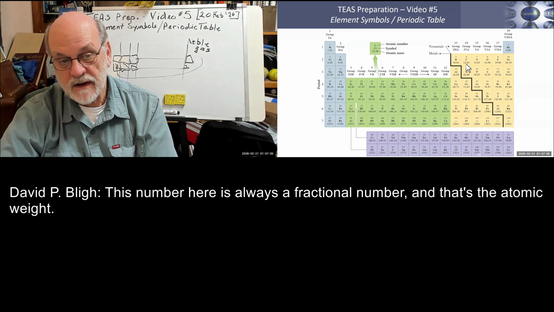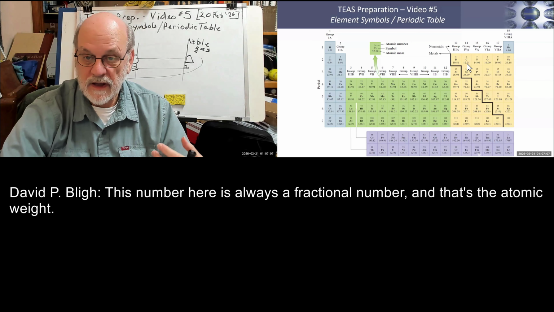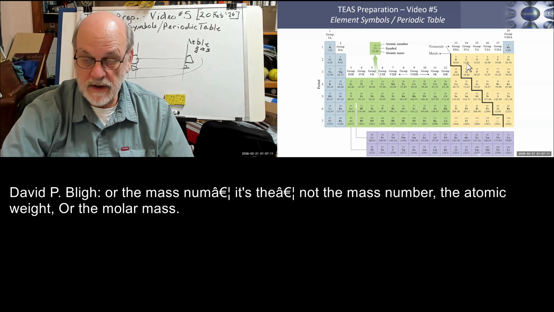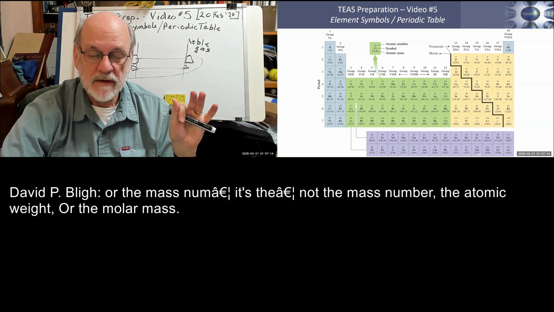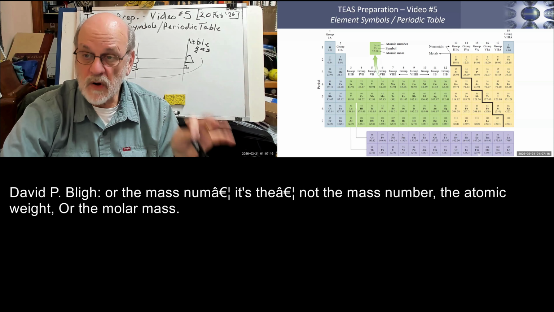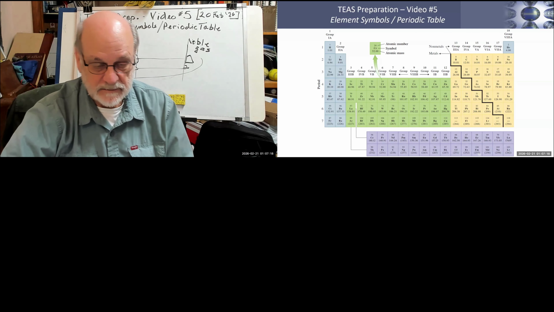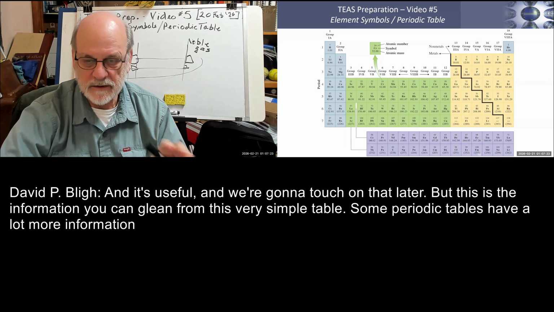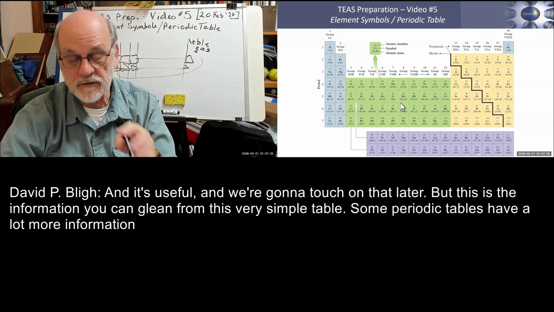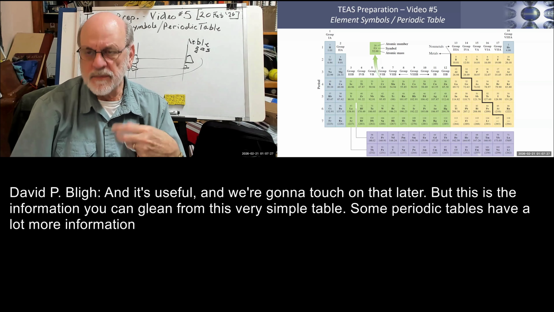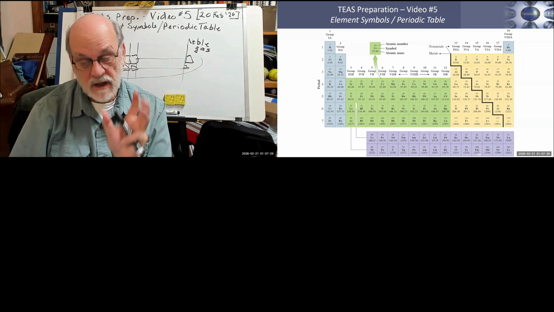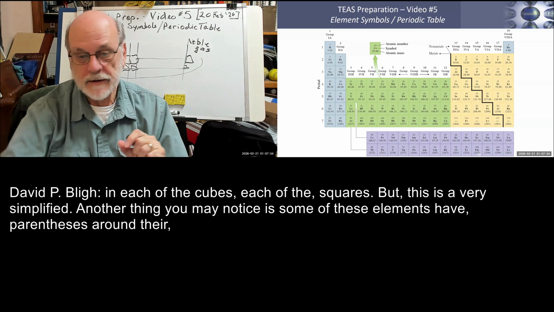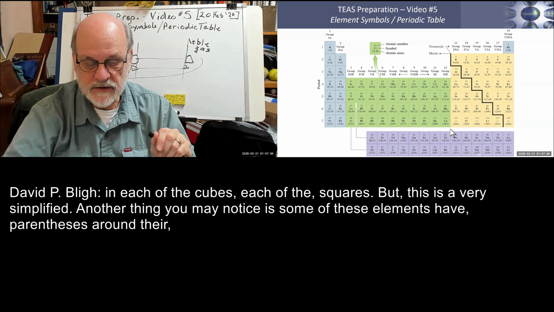This number here is always a fractional number, and that's the atomic weight, or the molar mass. It's useful, and we're going to touch on that later. But this is the information you can glean from this very simple table. Some periodic tables have a lot more information in each of the squares, but this is very simplified.